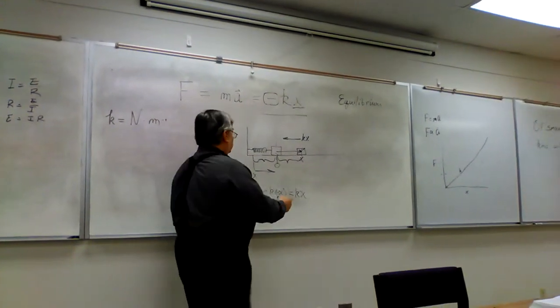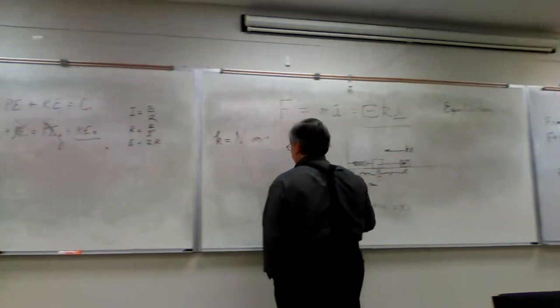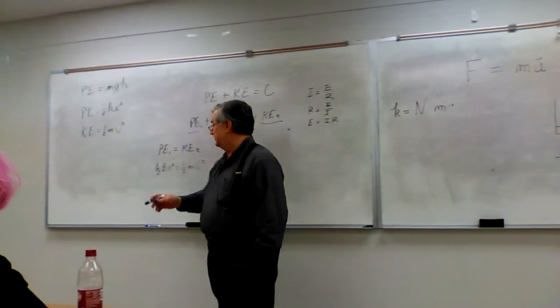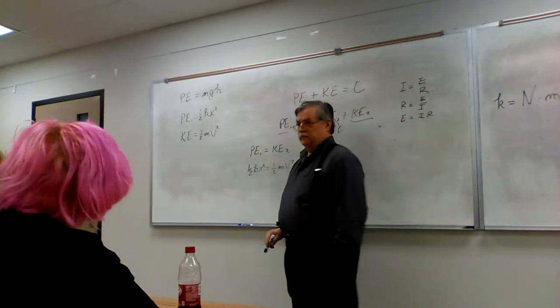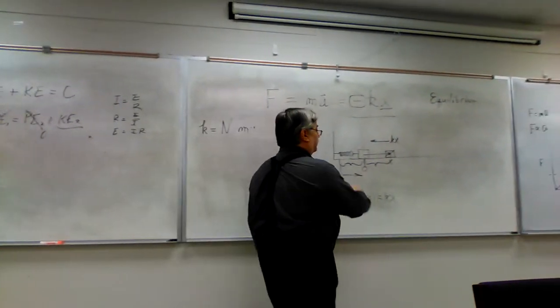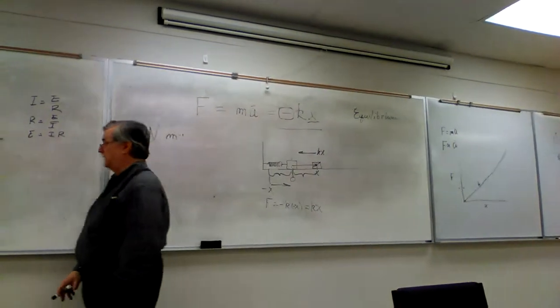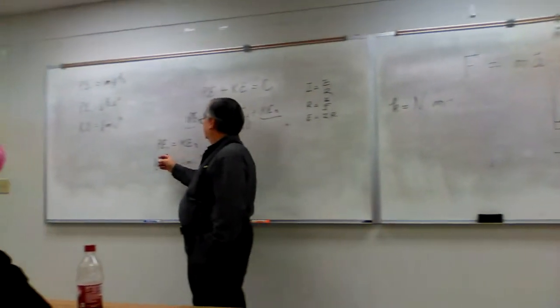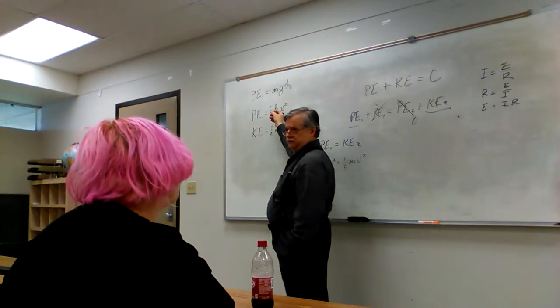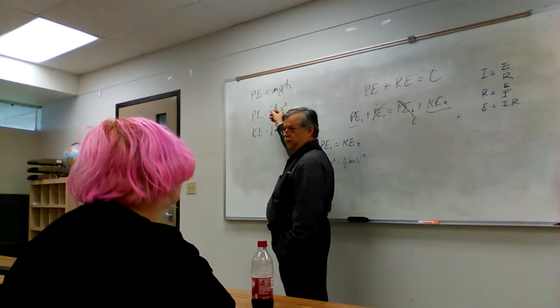And it will continue to move towards a negative stopping point until it reaches that much potential energy. And you'll notice it doesn't matter whether the displacement is positive or negative. The potential energy is always positive anytime you move away from equilibrium.